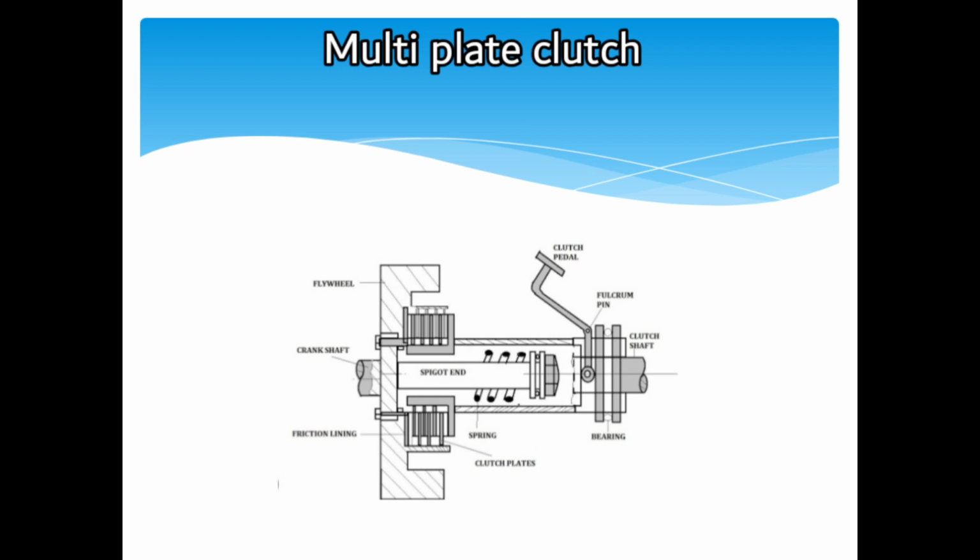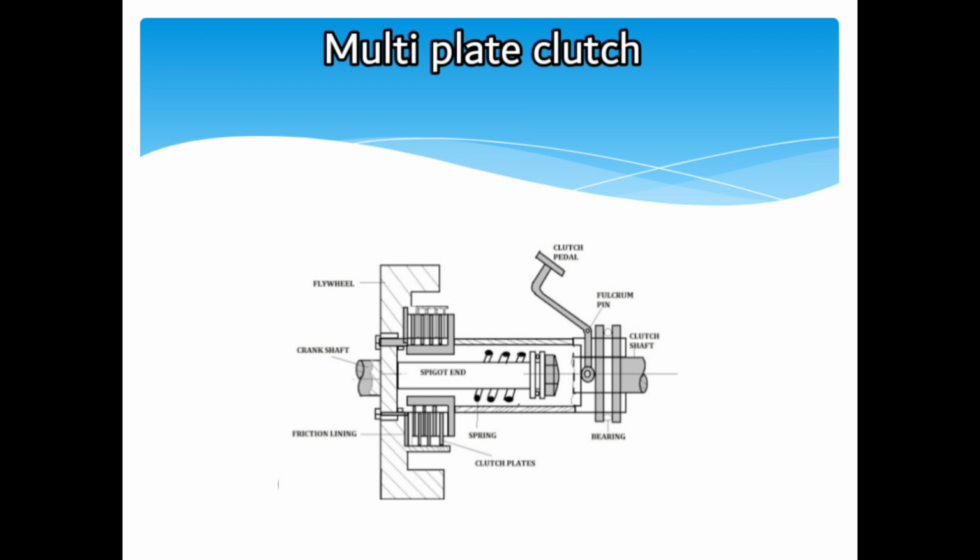The multi-plate clutch is the one that uses multiple clutch plates to make contact with the engine flywheel to transfer power between the engine shaft and the transmission shaft. A multi-plate clutch is used in automobiles and machinery where high torque output is required.